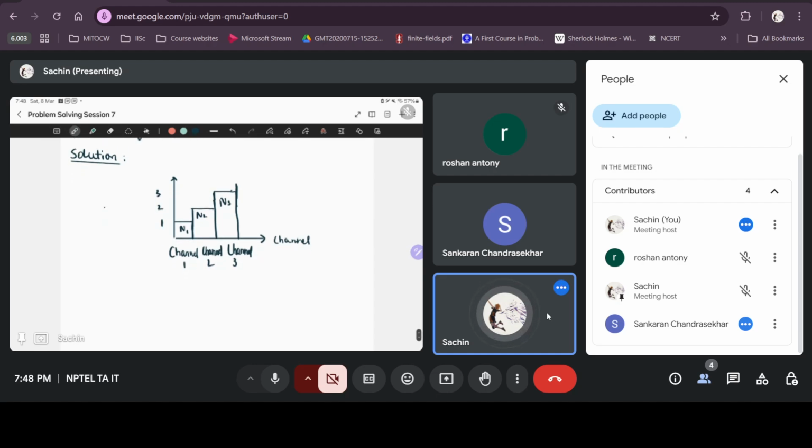Now you have to pick, suppose your water is at this point for some value V, then you find the height of the water relative to the noise in the first channel, the second channel, and the third channel, like this.